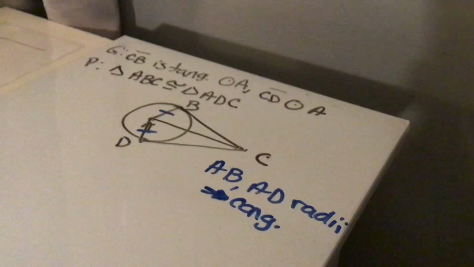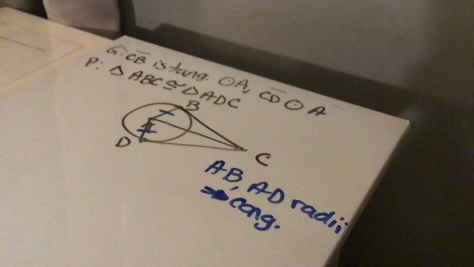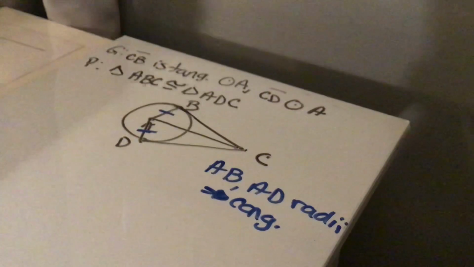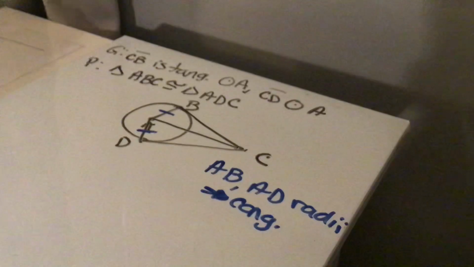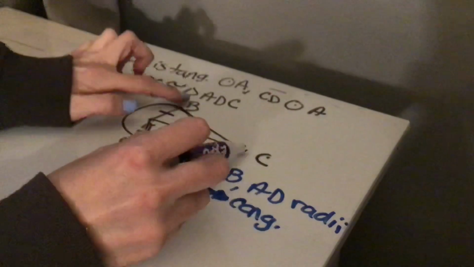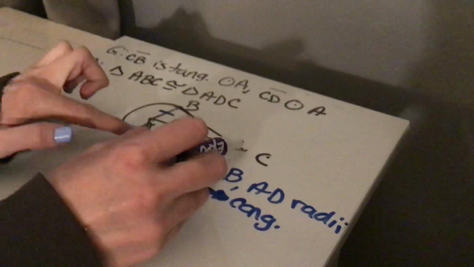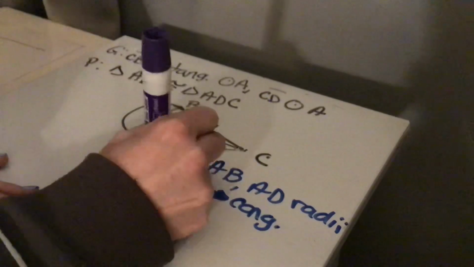Then, theorem 10.3 tells us that if two lines are tangent from the same exterior point, they are congruent. So this is tangent and this is tangent. They're both tangent from the same point outside the circle, so CB and CD are congruent.